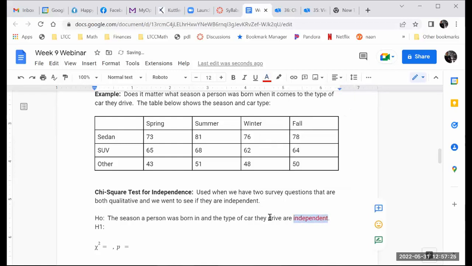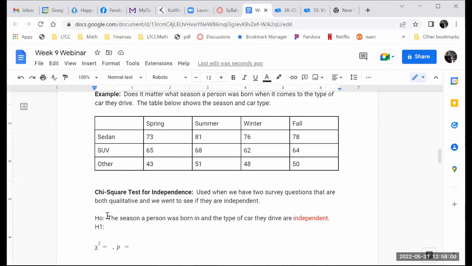Why am I putting that word in red? Because it's important. Yeah, because if it's not there, you lose points. Got it? So is H naught always the independent one? Yes. Good question, and the answer is always yes. You can't really show that they are independent. You can only show they're not independent. It's just like you can't show two things are equal. All you can do is show they're not equal, or one's greater than the other.